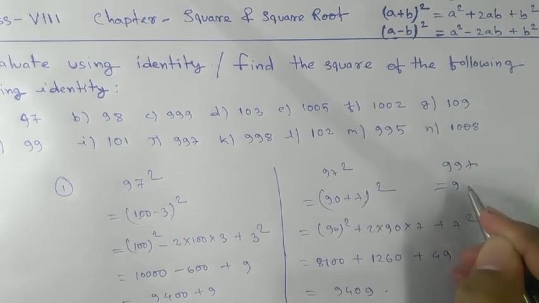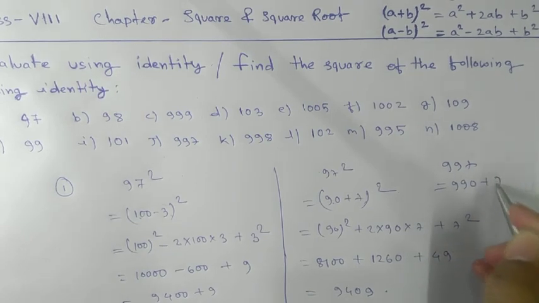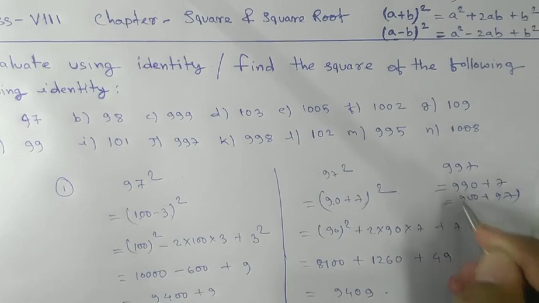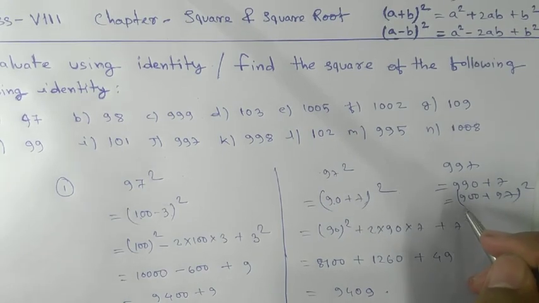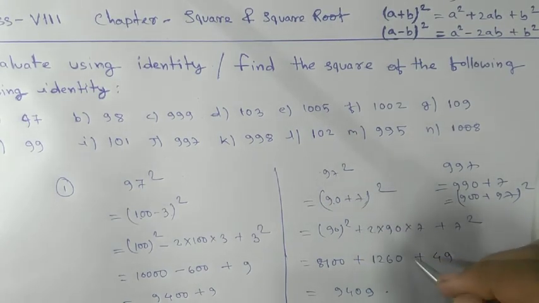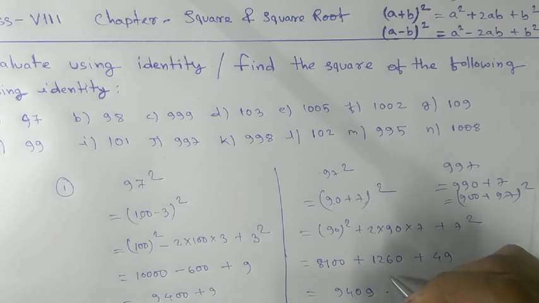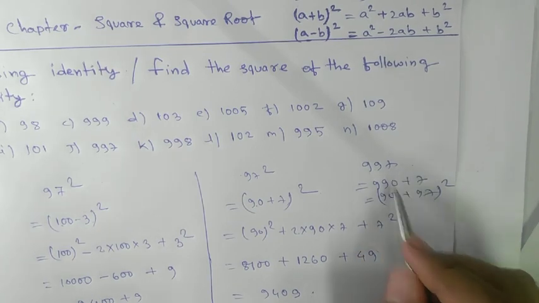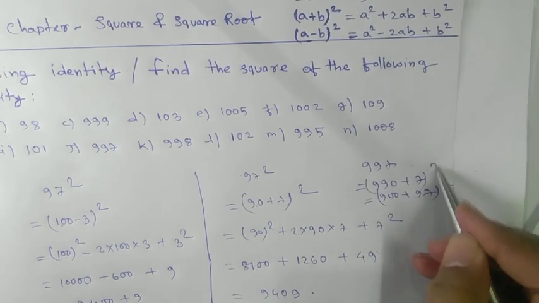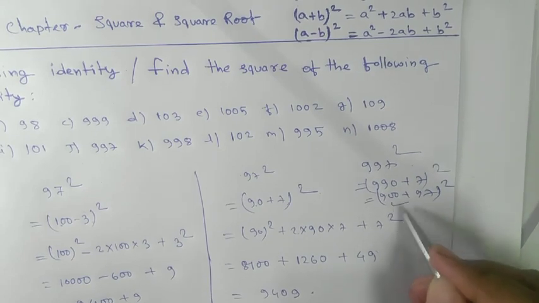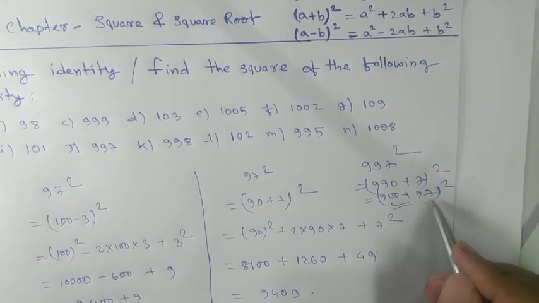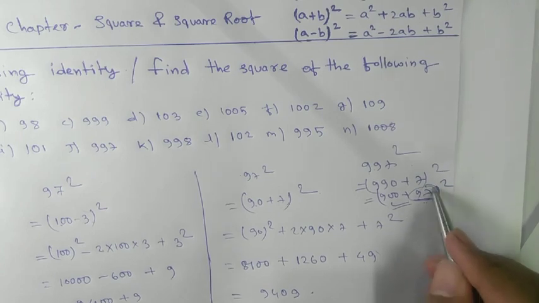Now see, if the number is 997, if you break it as 990 plus 7 or 900 plus 97, take it like this. Here it is okay, you can solve it, you know the 18 table, that's why. But if you go for this one, 997, and break it in this form or in this form, if we take this one you can see 97 will be there.